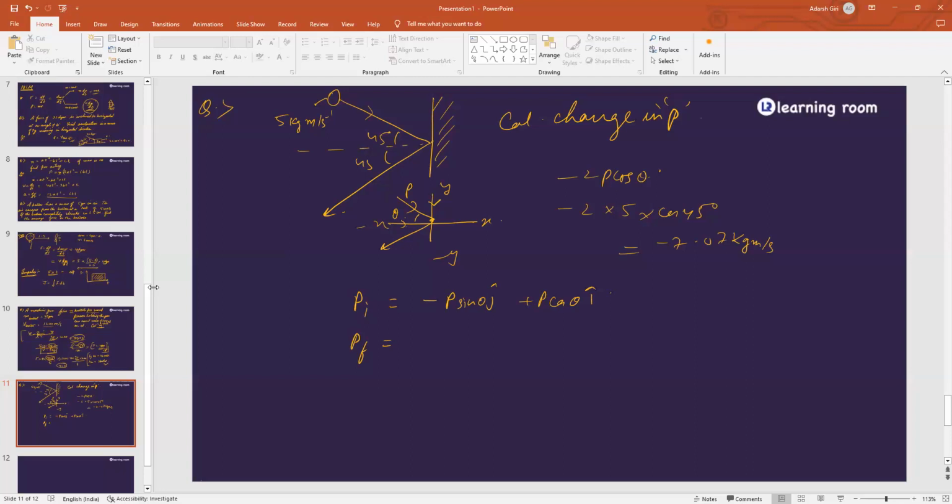It's easy. If this has this arrow, it will be this side and downward side. So I think it will be minus P cos theta i cap and minus P sine theta j cap, again this is theta. Do you find it correct?